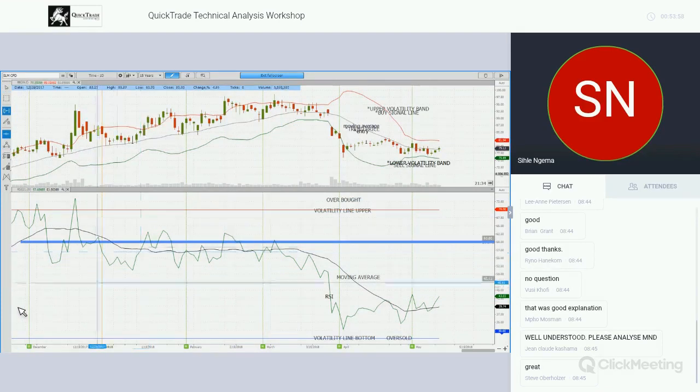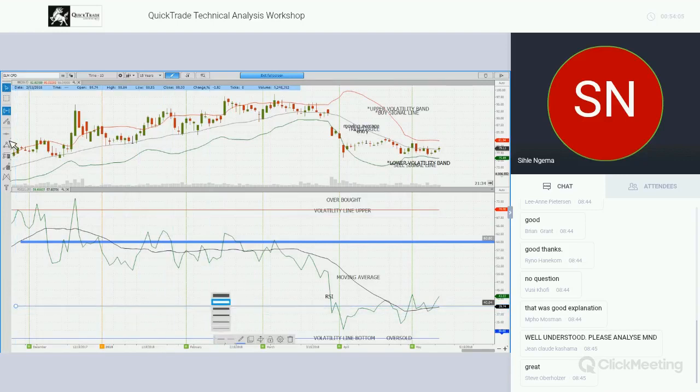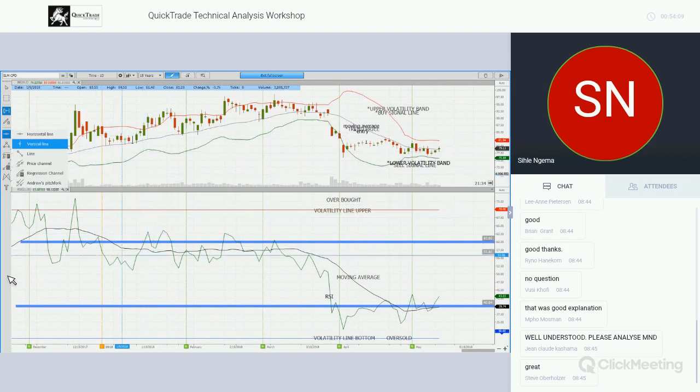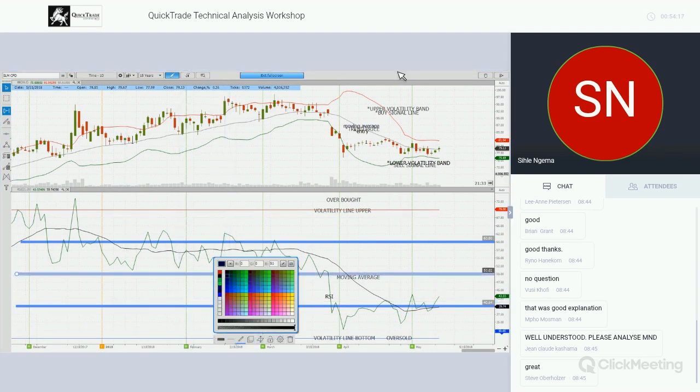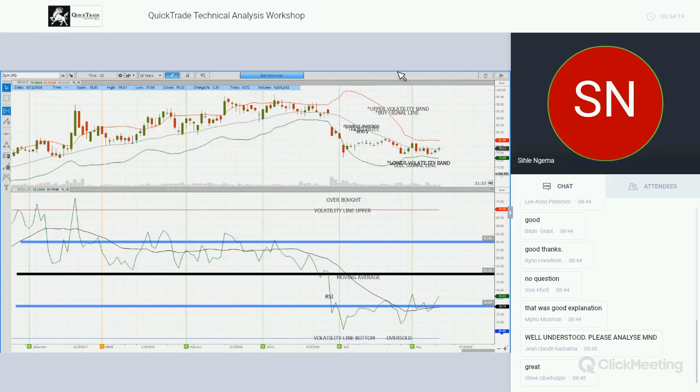I have again another 40 line there. All right, I will be explaining what these lines mean to us. I have a 60 line, I have a 40 line, and then I have a 50 line. So I'll be putting in a 50 line. I'll make it the color black. So I have 3 lines which I've just put on my RSI indicator right now.